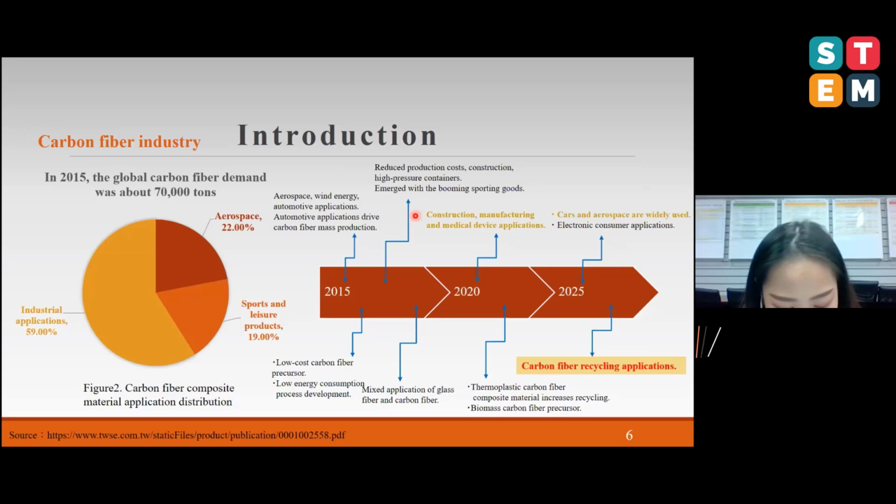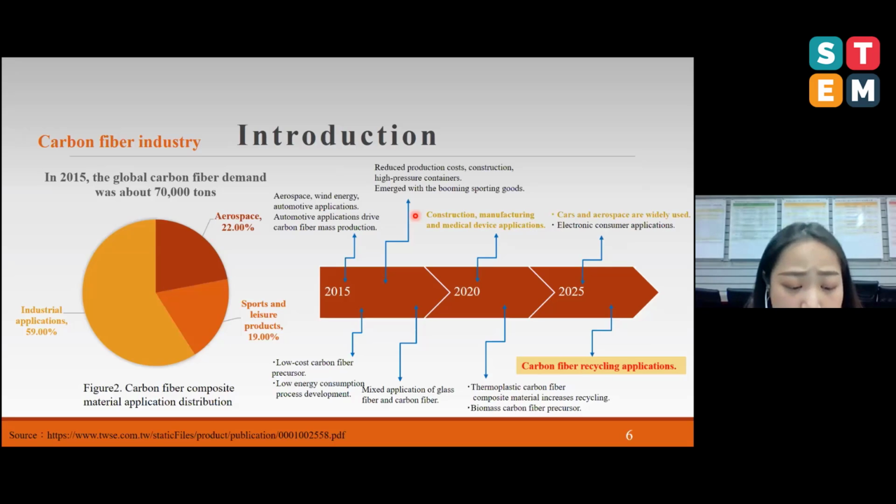We can see that construction and medical applications have begun in late 2020. At the same time, it has begun to explore the recycling of carbon fiber composite materials.